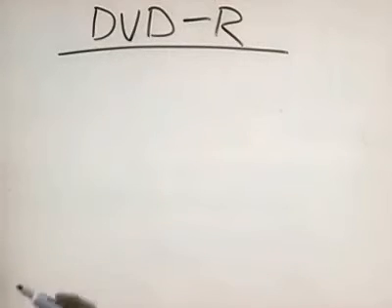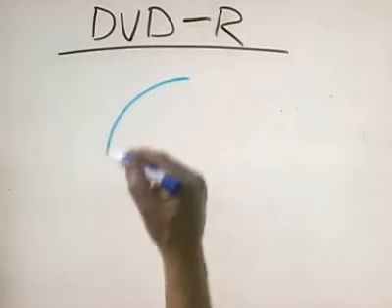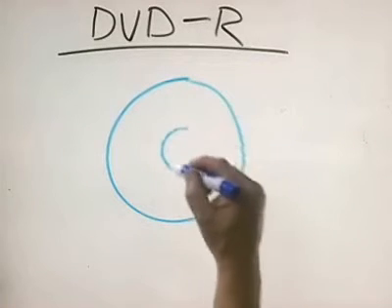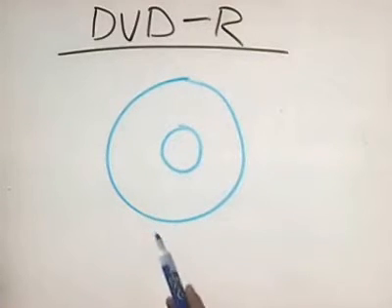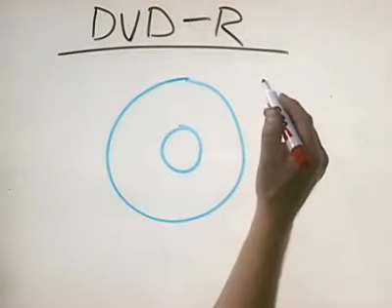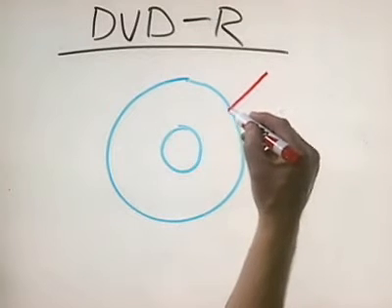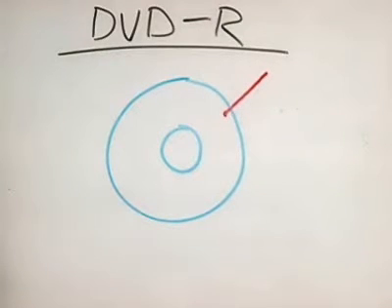A DVD-R works in basically the same way as a CD-R. We have our DVD disc. The bottom of the DVD is coated with an organic dye, just like a CD-R disc. In order to write data to it, we have a high-power laser in the DVD-R drive that fires and hits the bottom surface of the DVD-R disc.